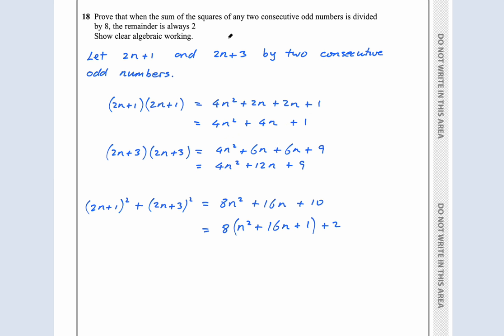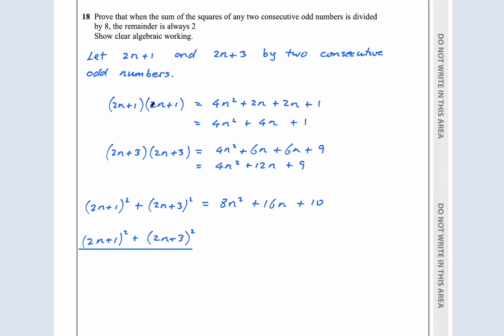I've said that if we, actually, maybe let me do it a different way. I'm just going to divide this by 8. So 2n plus 1 squared plus 2n plus 3 squared. So we're dividing by 8 because that's what he says.